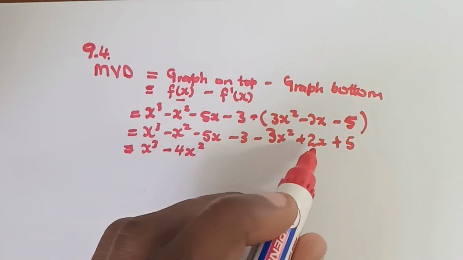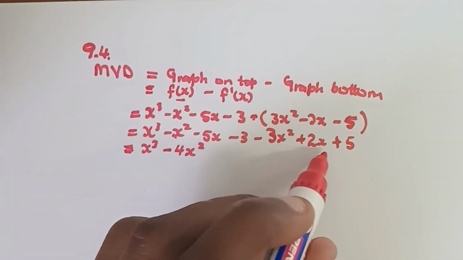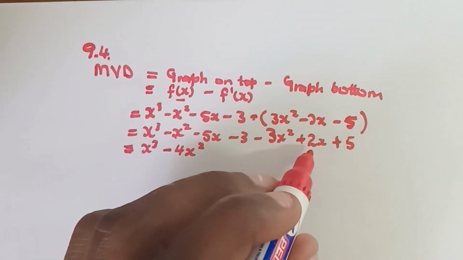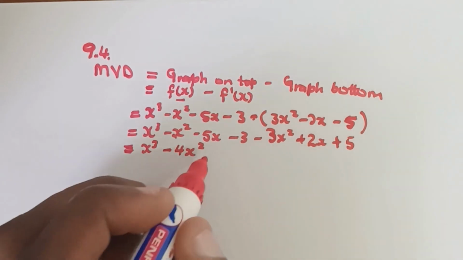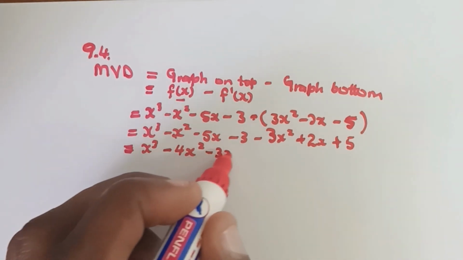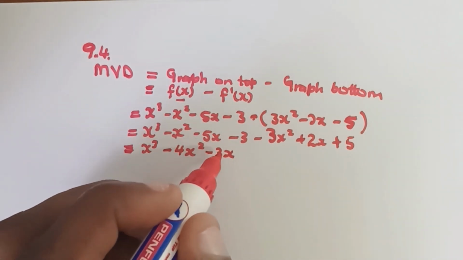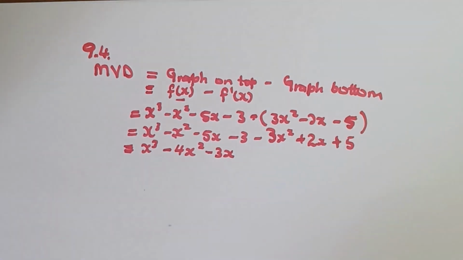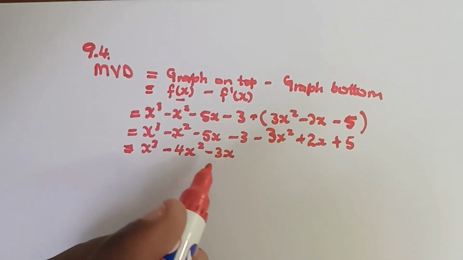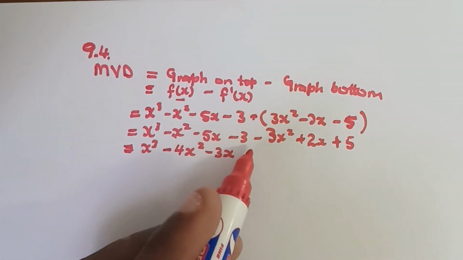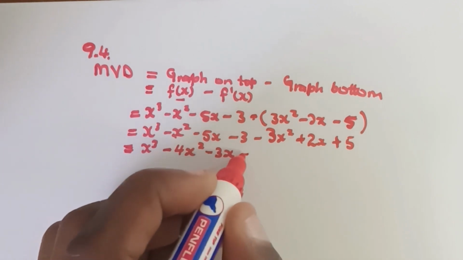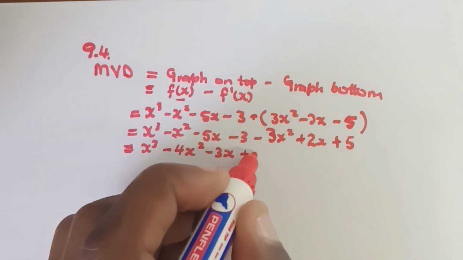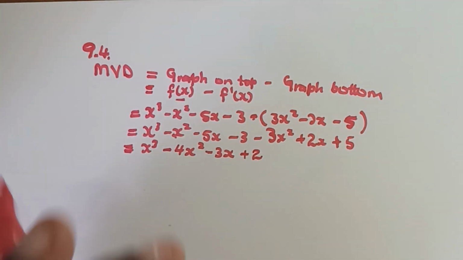Then negative 5x plus 2x gives us negative 3x, and then negative 3 plus 5 gives us positive 2.